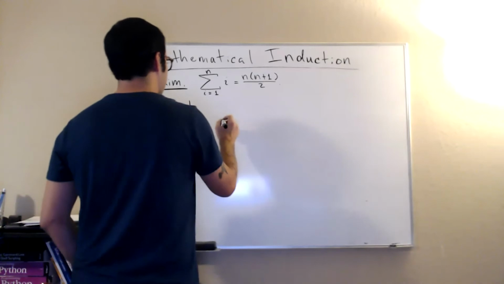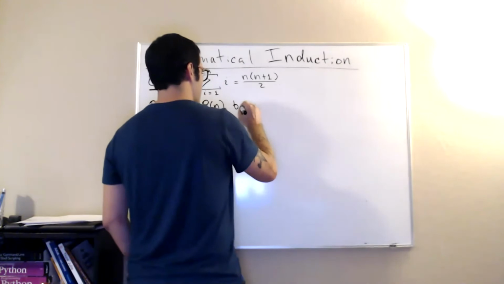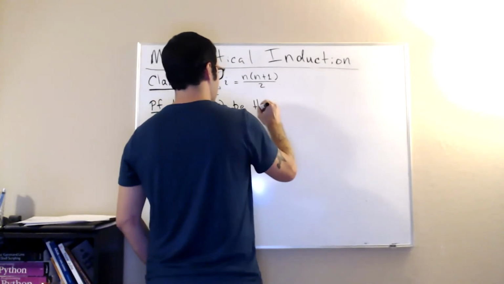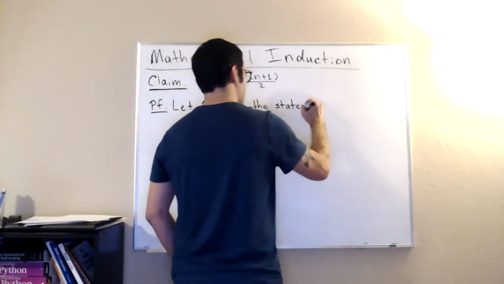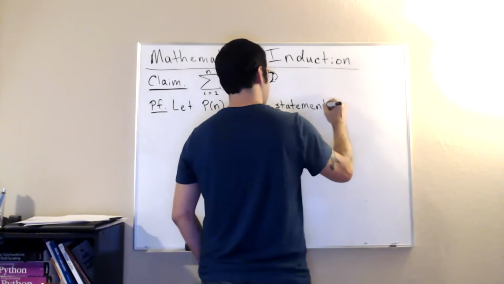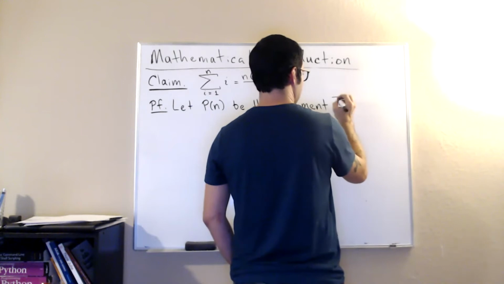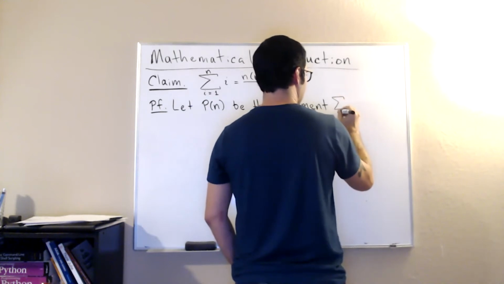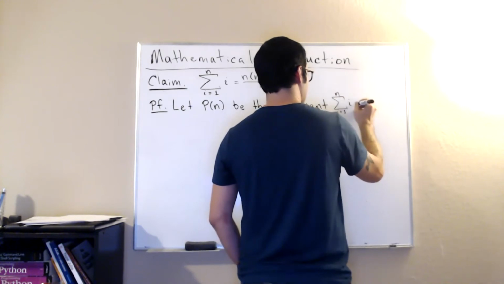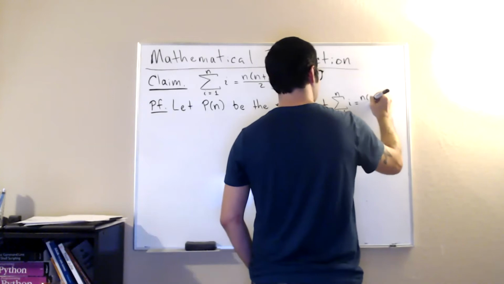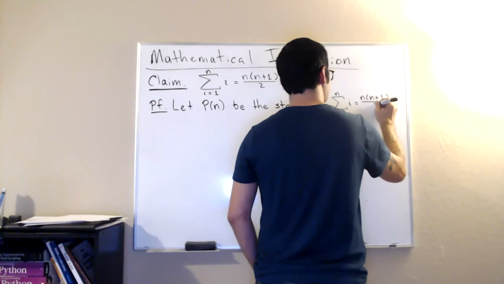I'm going to say let p of n be the statement that the sum of i equals 1 to n of i is equal to n times n plus 1 over 2.